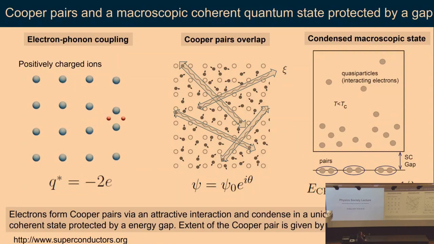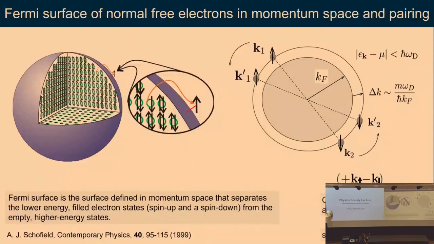And when all the electrons are condensed in pairs, the largest gap opens in this pair state, which is a condensed microscopic state described by a single wave function with an amplitude and a phase. So this is the description of conventional superconductivity, which tells us that inside a superconductor we form Cooper pairs due to interaction with the lattice.